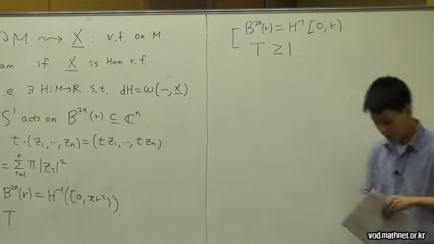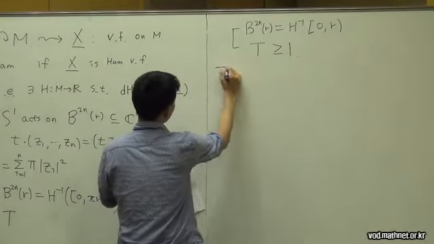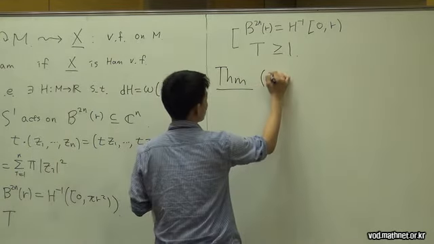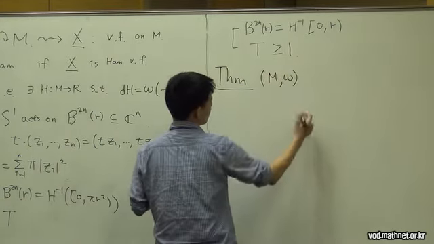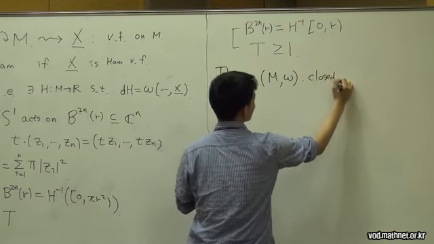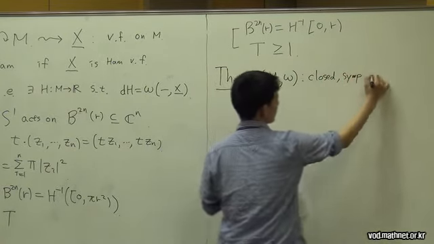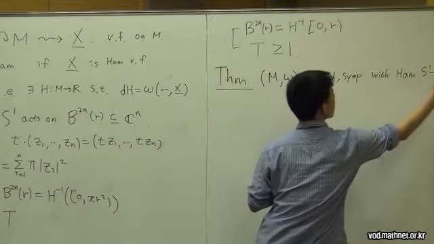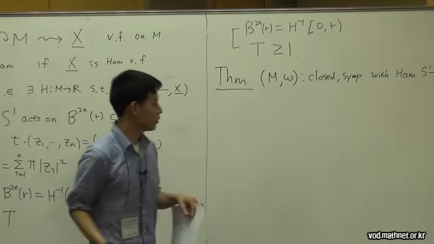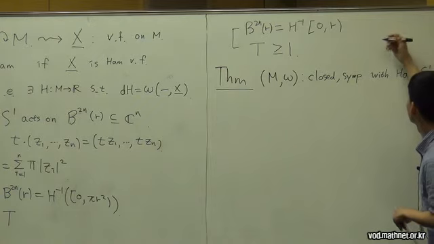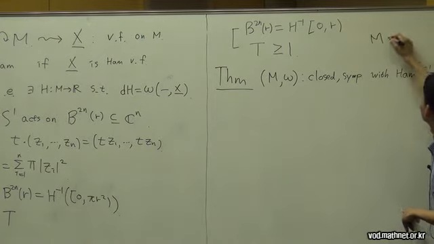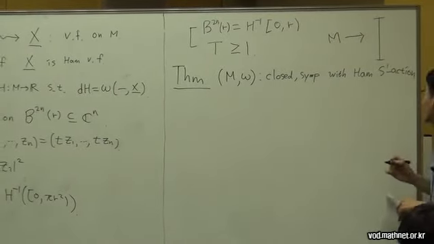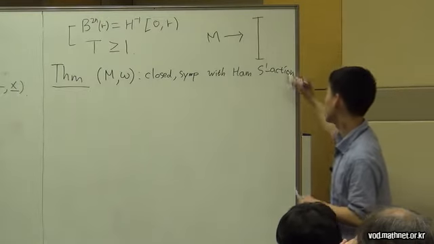So let me state our main theorem. So suppose (M, omega) is a closed symplectic manifold with a Hamiltonian circle action. So we have a moment map H, and because M is closed, the image is a closed interval.